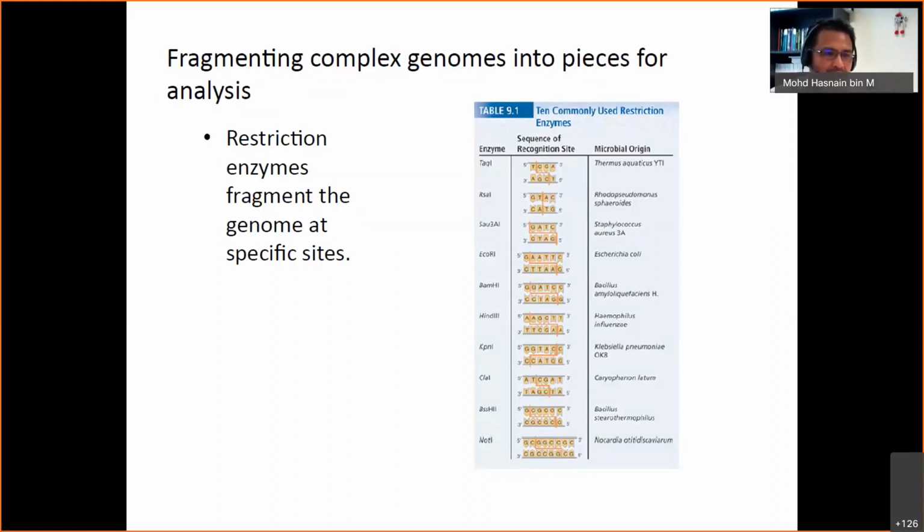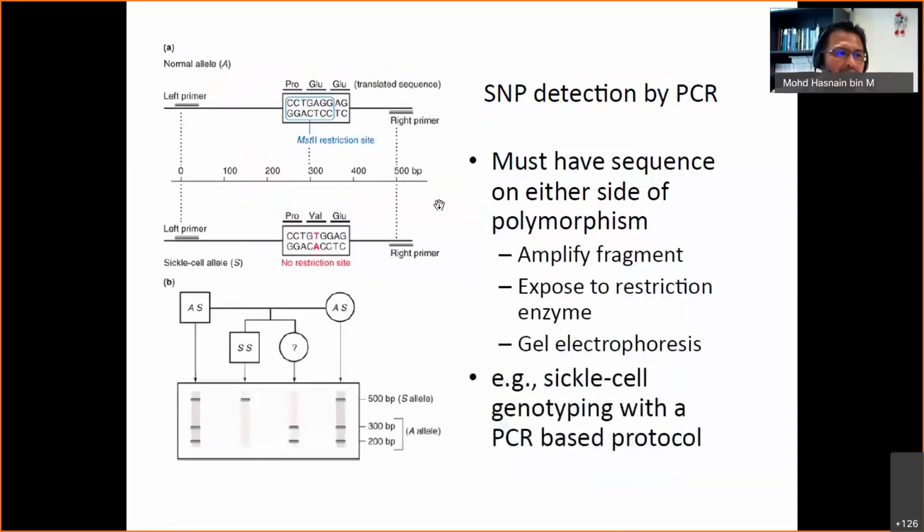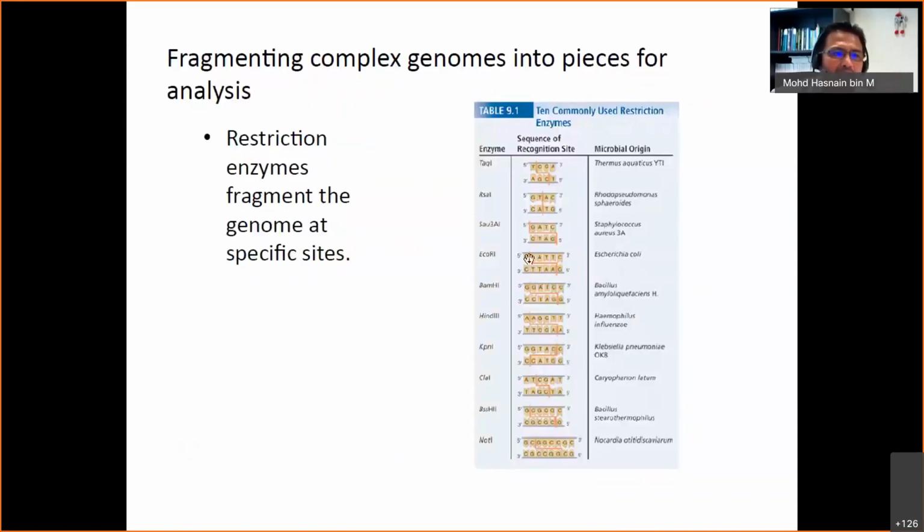You can cut the DNA into shorter pieces because on the DNA there are restriction enzymes, and restriction enzymes can recognize specific places based on the nucleotide arrangement, so that it will only cut at that particular position.